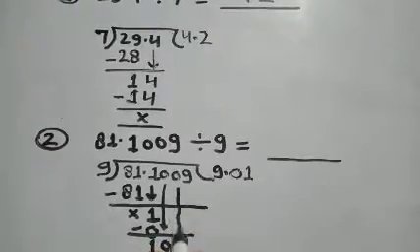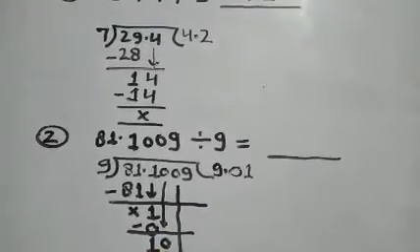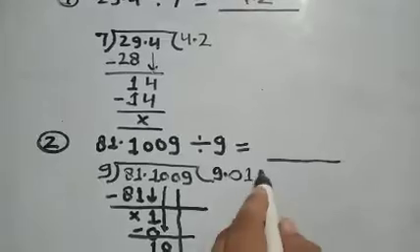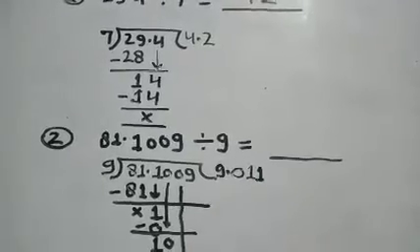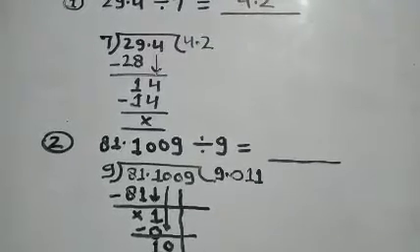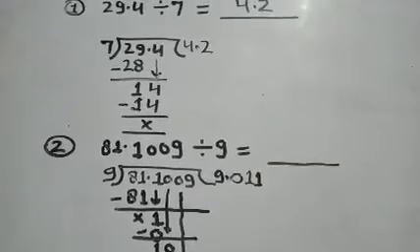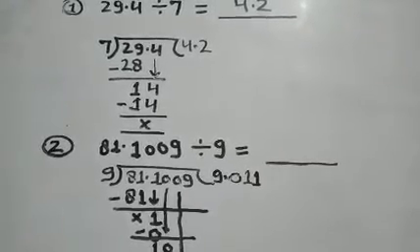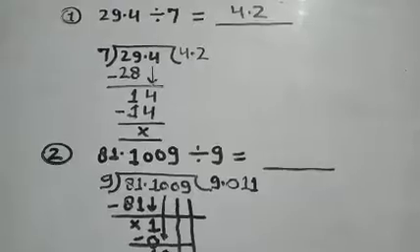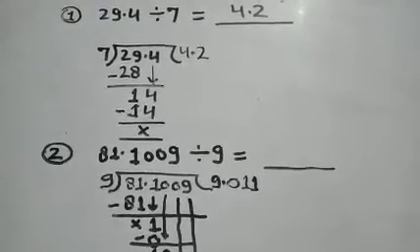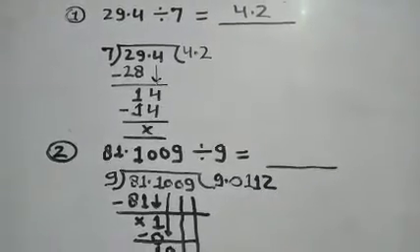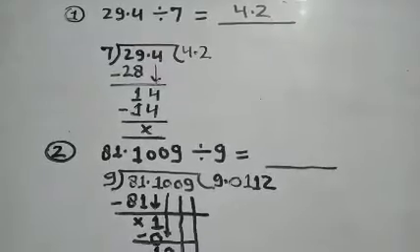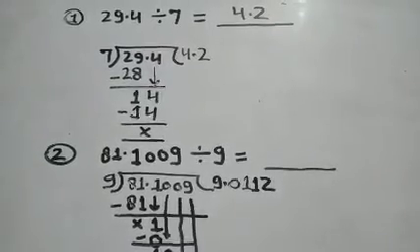Now copy 0 again. 9 1s are 9. 1. Now copy 9. 9 2s are 18. Remainder is 1.